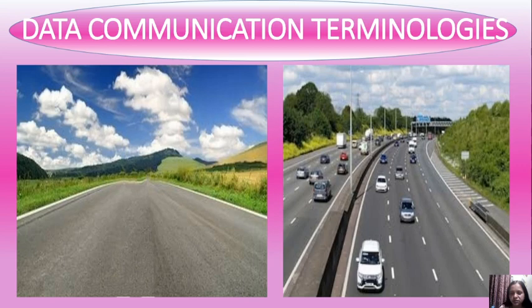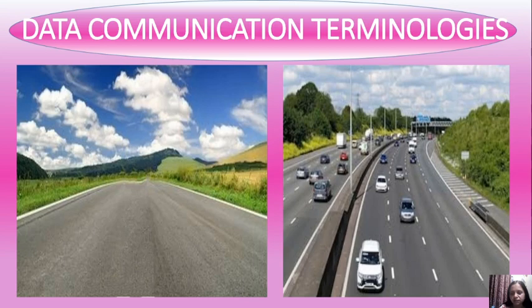So you can calculate the width of the road, and that will be the width of that particular road. Like this we can talk about the bandwidth of a particular transmission medium, which means the bandwidth of a particular cable.